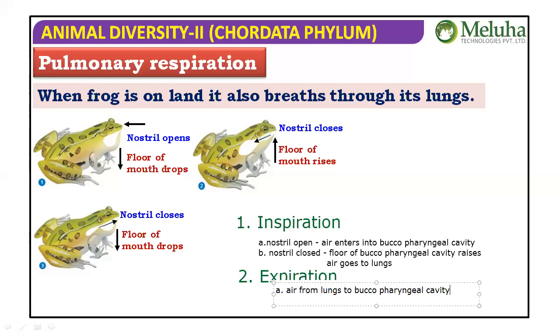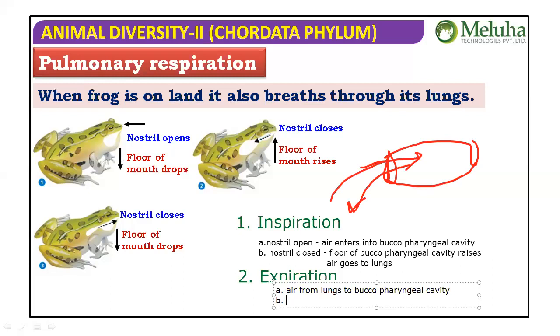Next, glottis close, nostril open. Just imagine the buccopharyngeal cavity is having two doors. One side it has the nostril, and the other side it has the glottis. Through the open glottis, air enters from the lungs into the buccopharyngeal cavity.